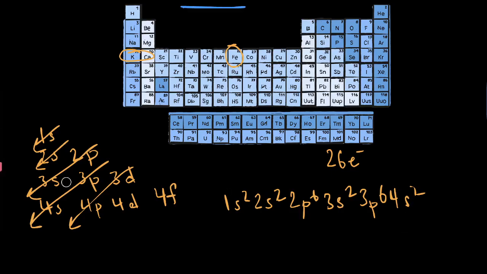Let me just write it a bit more neatly. That is 3p6, 4s2, and now 3d, that is 1, 2, 3, 4, 5, 6, 3d6. And so this then is going to be the electron configuration.